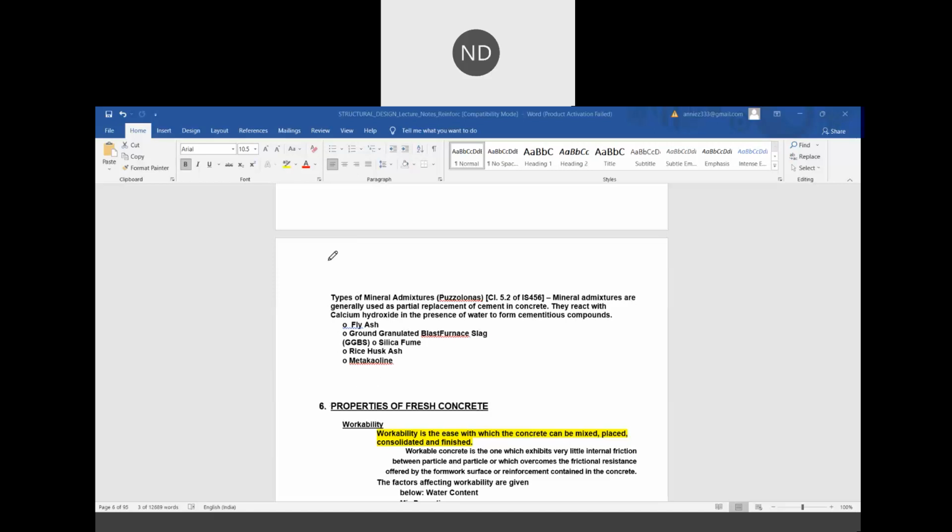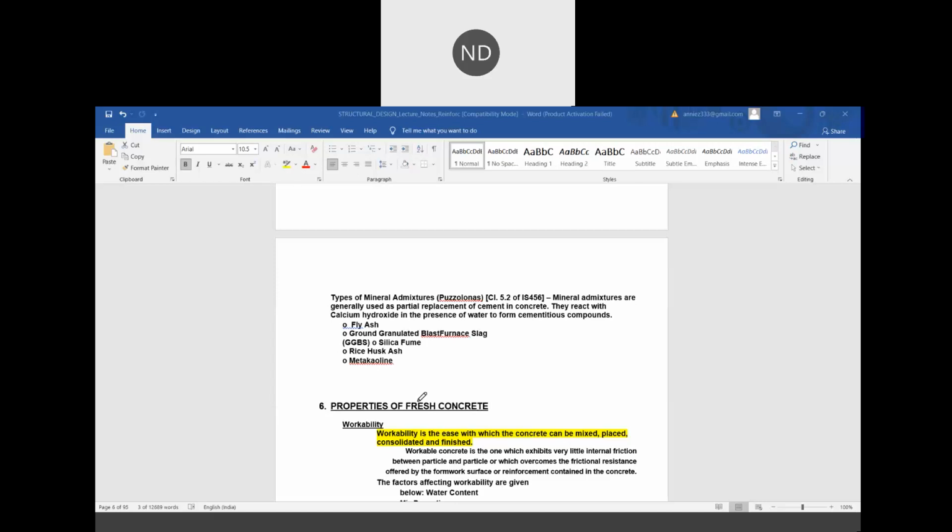So whichever is smaller is your nominal maximum size. This thing is very important, this you have to know regarding your RCC. How much is the maximum size of the aggregate? That is the smaller of these two, that means the clear distance minus 5, or the clear cover minus 5.